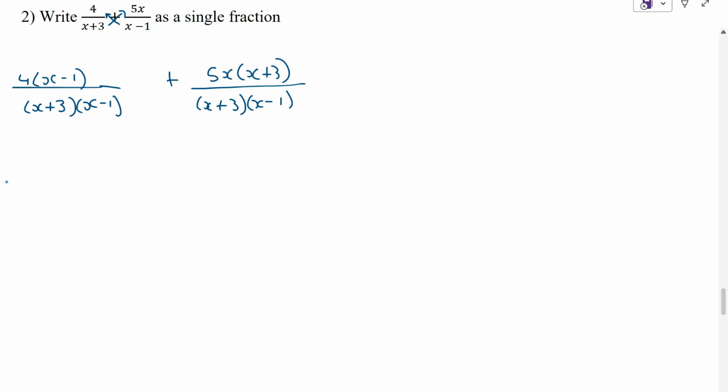Expand and simplify, all over the common denominator.